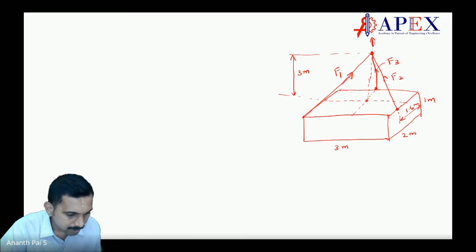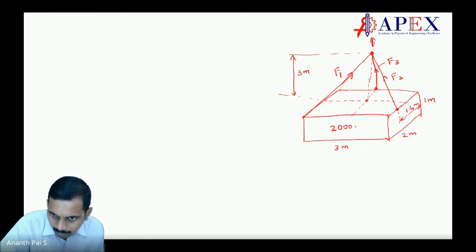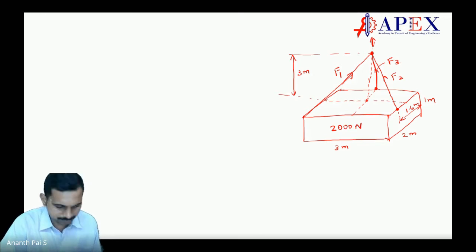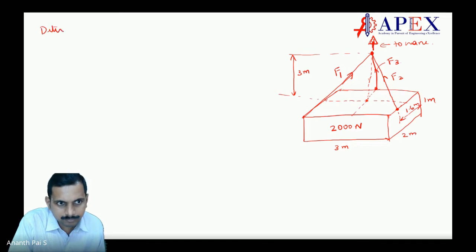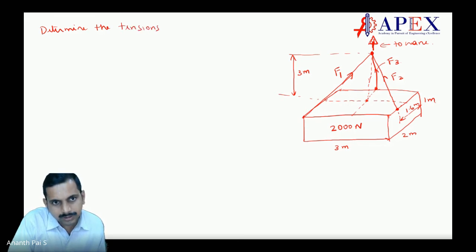The weight of this thing is 2000 Newton, which means around 200 kg. This has to be pulled using a crane here, and it is connected to the hook of the crane. Now determine the tensions in each rope.